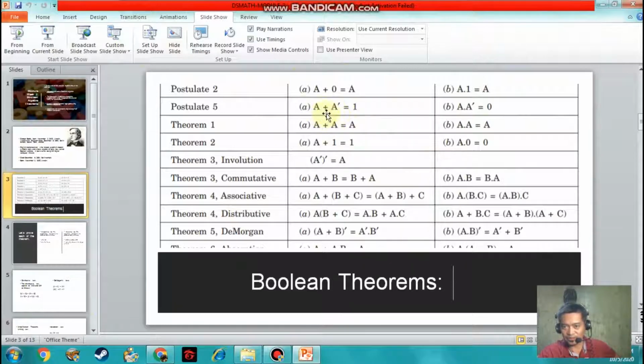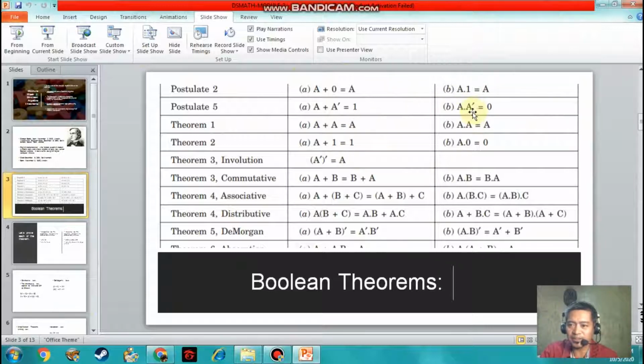So, 1 or 0, at least mayroong isang 1, edi 1. Kahit baliktarin pa natin ang value ng A, gawin nating 0: 0 plus baliktad ng 0, 1. Eh di nagkaroon na naman ng 1, kasi OR, 1 na agad. So, ayun lang ibig sabihin ng postulate na yan.